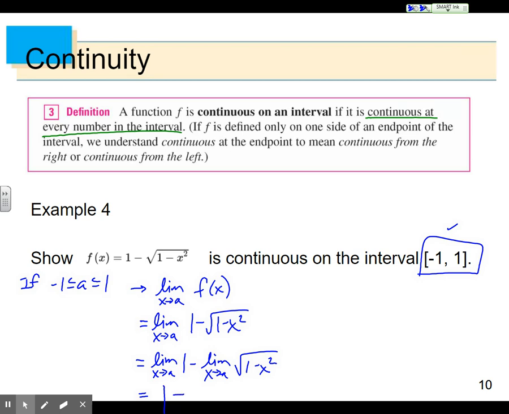Minus, well, the limit of a square root, the limit can actually work its way inside the square root, 1 minus x squared. So now I have 1 minus the square root of, well, I'm going to take the limit into that difference as well.